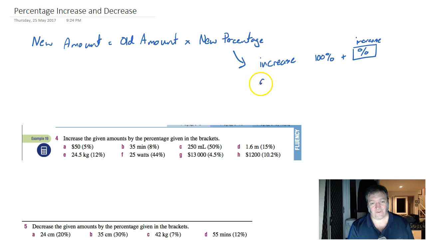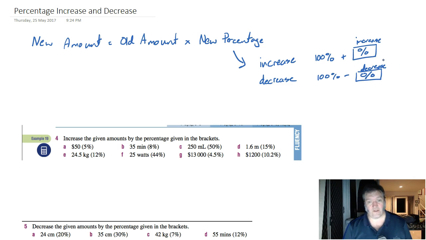If it's a decrease, we're going to end up with less than 100%, aren't we? So we're going to have 100% minus whatever percentage we decrease by. And that's all there is to these questions.